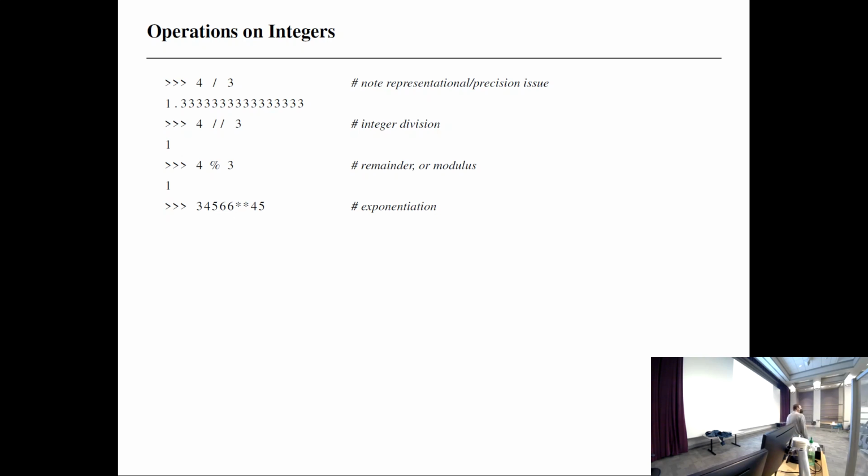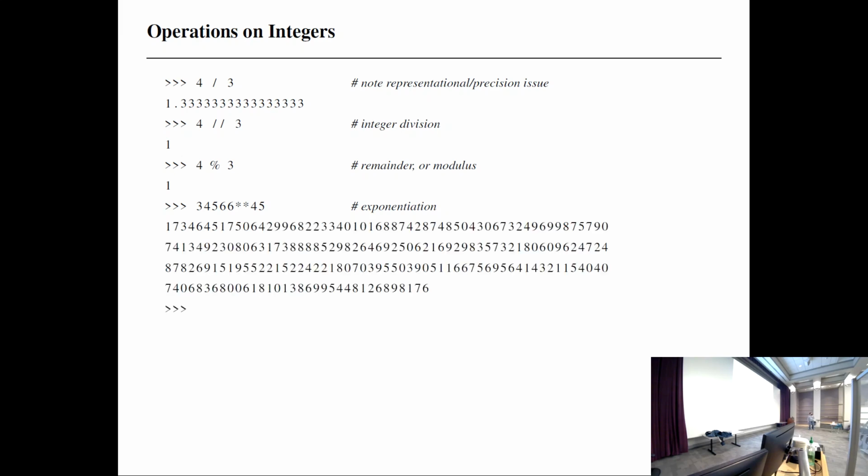Okay, more operations. The double asterisk is exponentiation in Python, like in many other languages. So I want to take 34,566 raised to the 45th power. I can do that in Python with the double asterisk. And here's where Python's magic comes through. I get back an integer. It's integer exponentiation. I get back an integer that is really quite long.